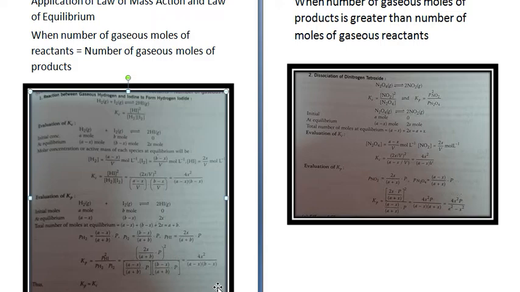So you can see that Kc and Kp are equal. This is the same value which you got for Kc, and the same value you are getting for Kp.